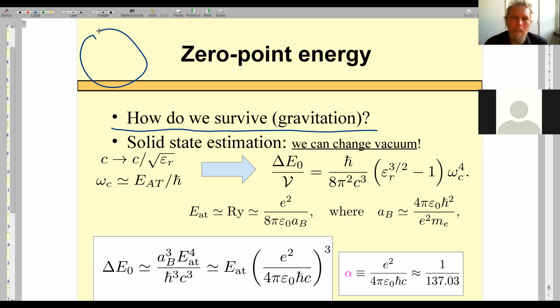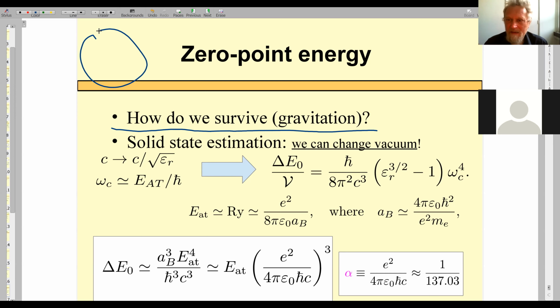Some ideas about this come from supersymmetry theory, which suggests that at some sufficiently high energies, we have strict correspondence between fermionic and bosonic particles.